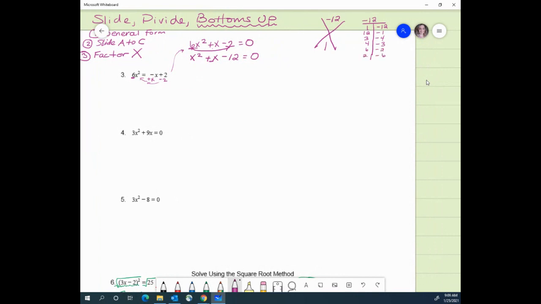We need the combination that adds to give me a positive 1. In this case, it's going to be 4 plus negative 3. That's going to give me a positive 1. So that is the combination that I'm going to use here.